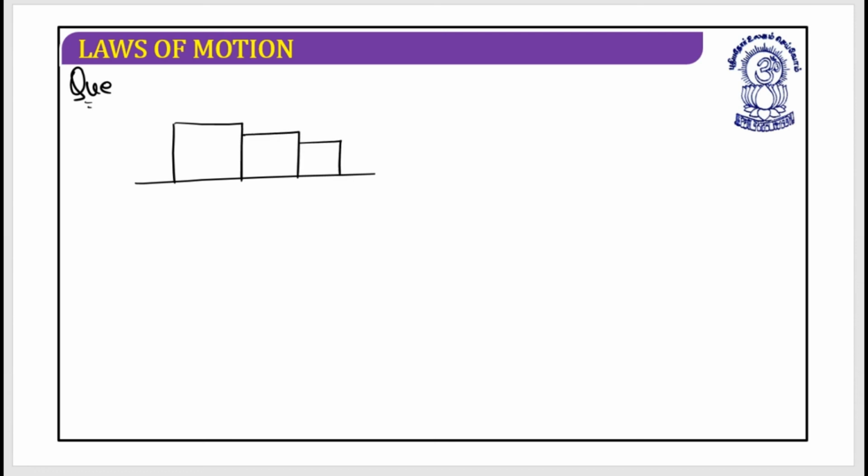This is the situation: this is 3 kg, this is 2 kg, this is 5 kg, and you are going to apply a force of 20 Newton. What do you want? You want to find out, first, the acceleration.